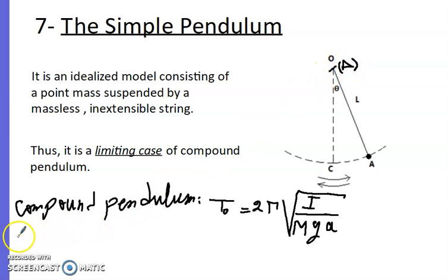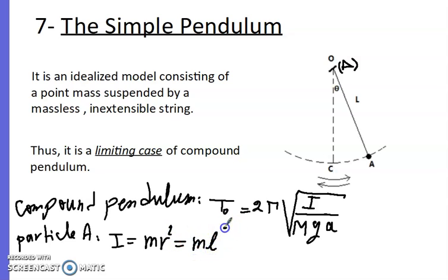Now we have a particle A only. So I of the particle is, you know, mr squared equal ml squared. Here is a particle and here is delta, and this is the length of the string. M is the mass of the particle, and A, which is equal in reality OG.